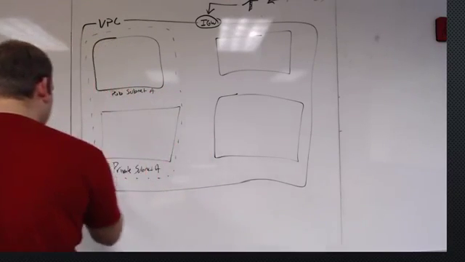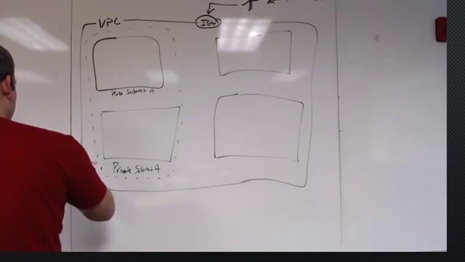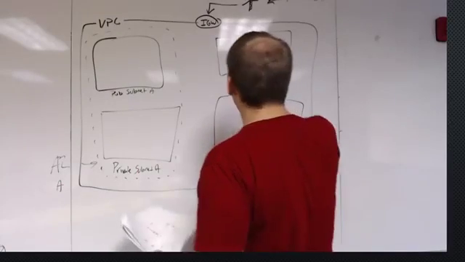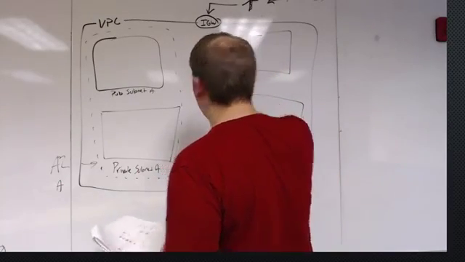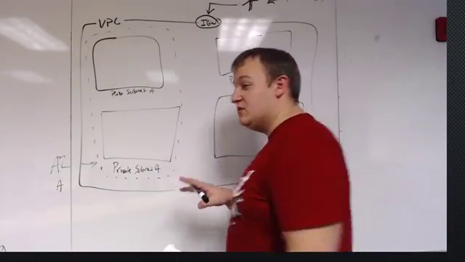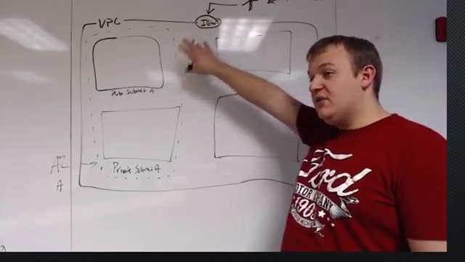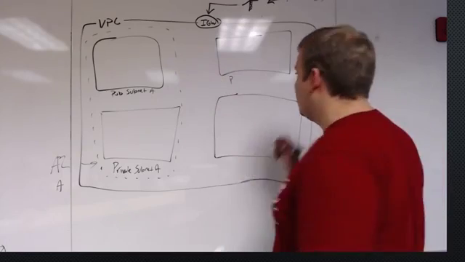A, because these are all part of availability zone A. Then we have another availability zone. This is for high availability. We have it in 2 different availability zones, so we have 2 different subnets because we can't span a subnet across multiple availability zones.